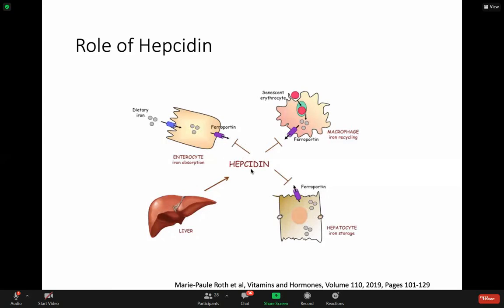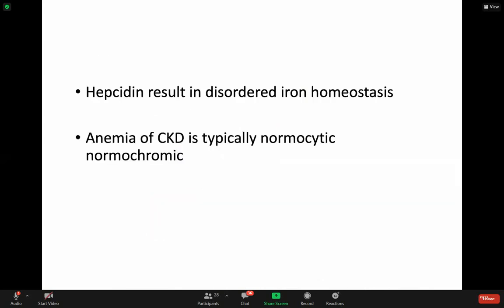Why is hepcidin high in advanced kidney disease? Due to the low GFR, number one, and due to the high inflammatory markers, which would enhance and induce the production of hepcidin. So as a result, you will have anemia, and this anemia is usually normocytic, normochromic. Is that clear?